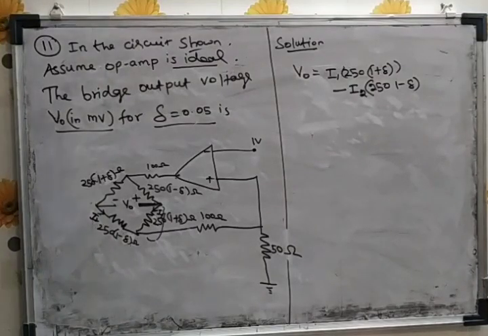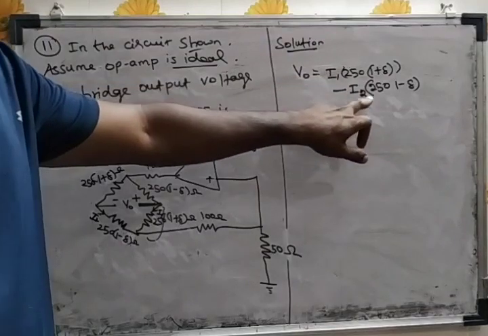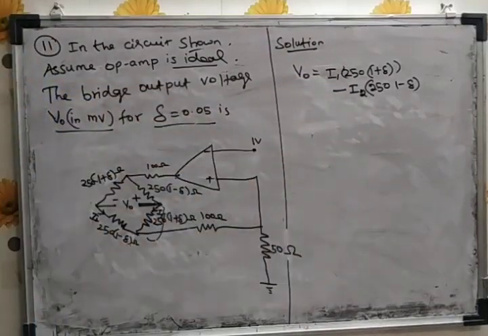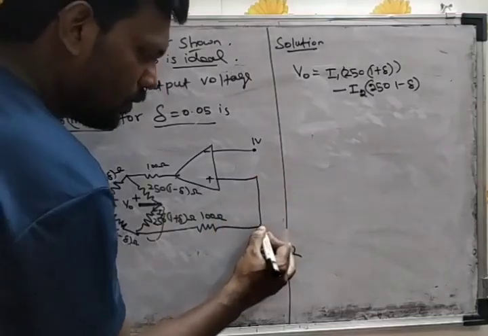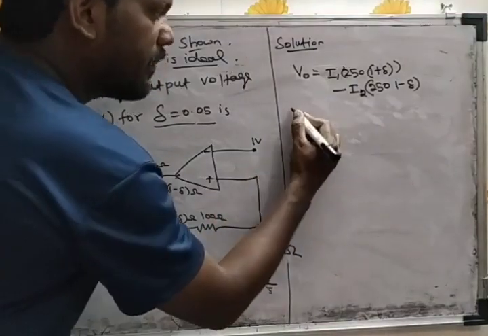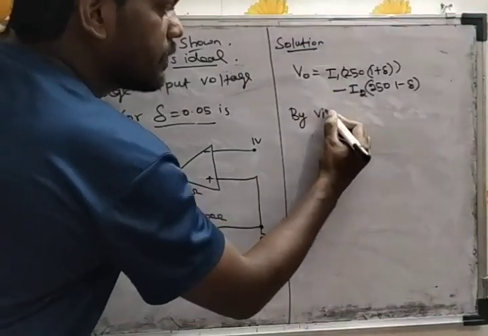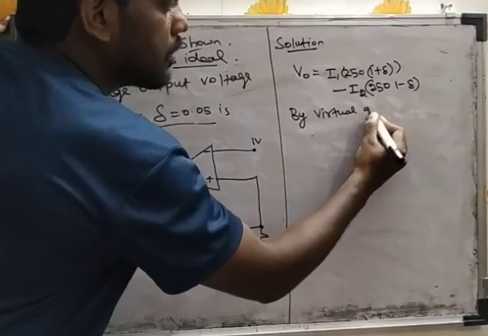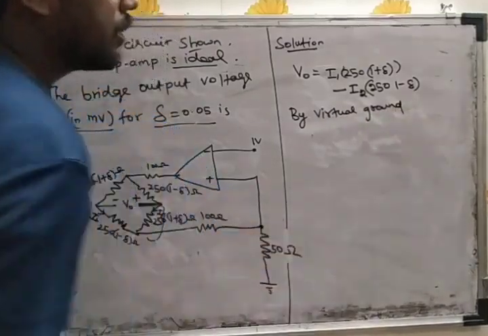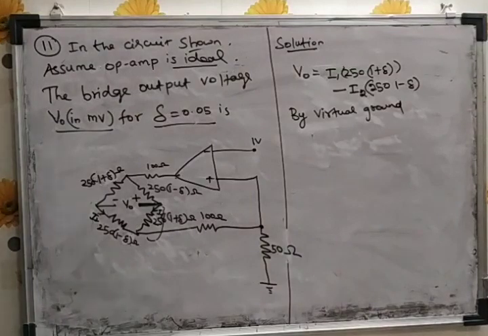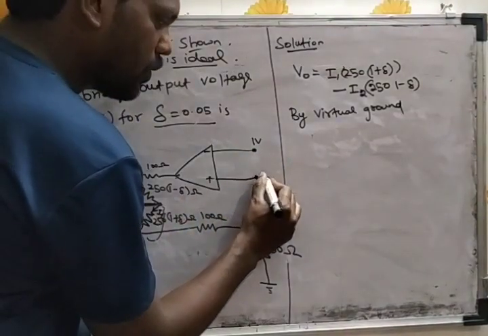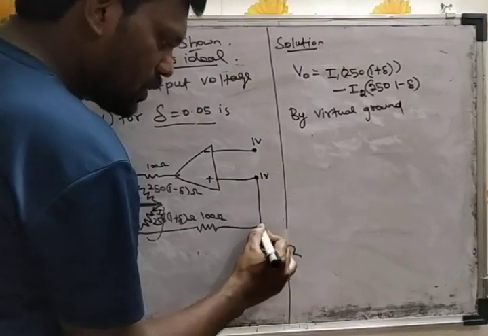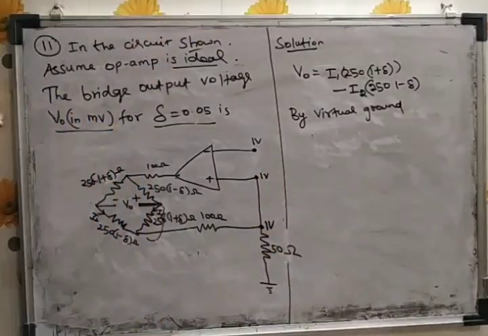We don't know the values of I1 and I2. Looking at the circuit, by virtual ground, here we have 1 volt, which means this node voltage is 1 volt.